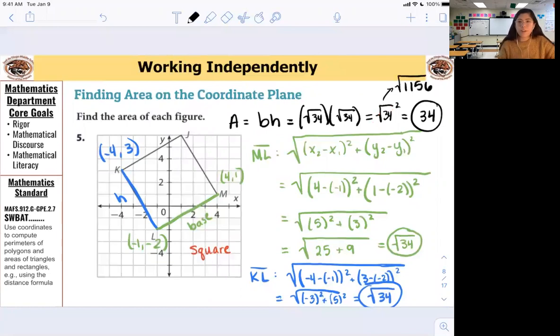What's the square root of 1156? Flip it around, take the square root. You get 34. Leads you to the same answer. And that's because the square root is the opposite of going to the second power. All right, questions on this problem?